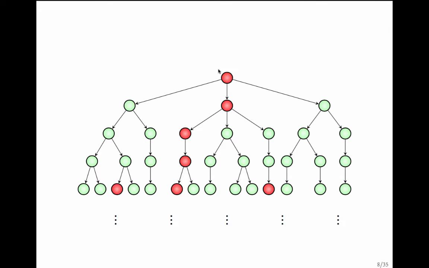Look at this tree. Look at this path. Assume that this path can be extended to a path where every node is colored red. That means every node, every state in this path satisfies the atomic proposition red.